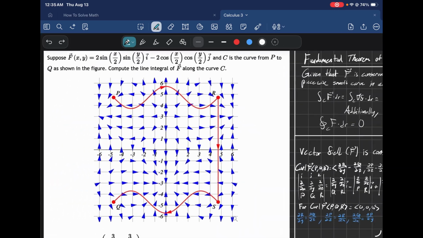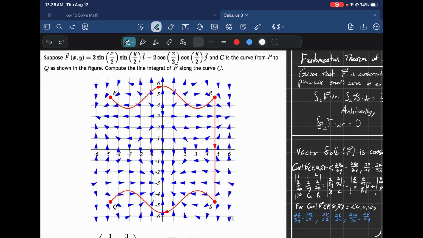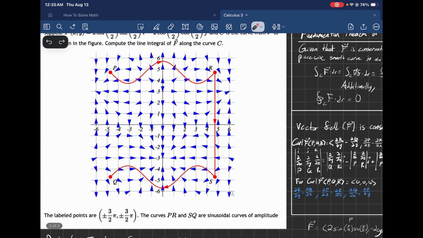So our starting point is this point here, P, which at the bottom says the labeled points are positive or negative 3 pi over 2 on the x input, and positive or negative 3 pi over 2 on the y input.